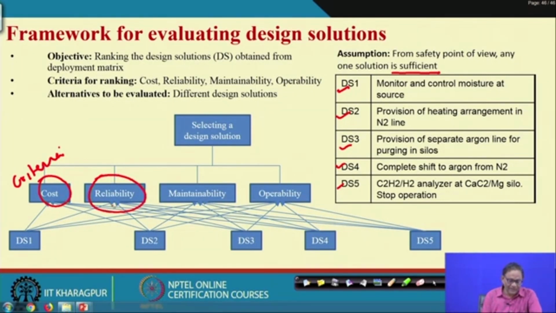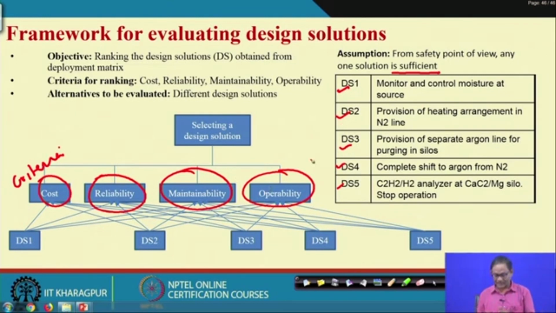Then the design solution must be easy to maintain and easy to operate also.